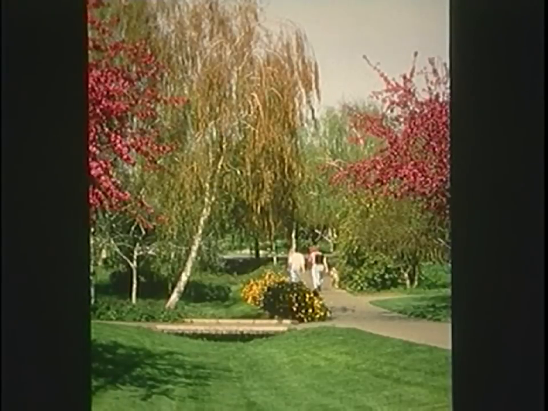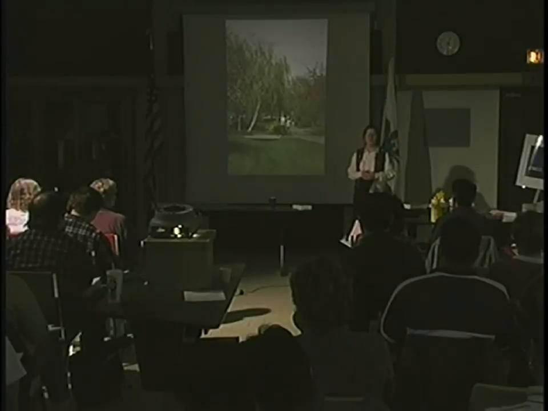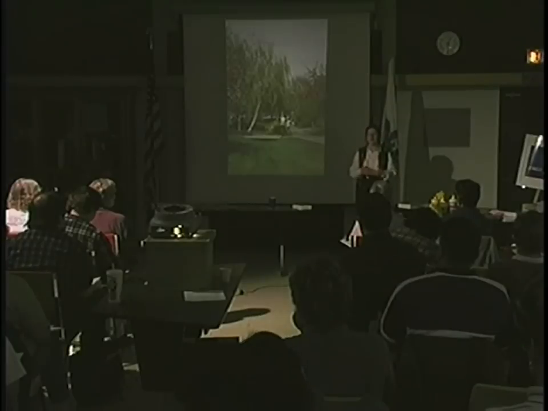So for instance, here we have a nice park. This is actually a park in Davis, but it's an example of a typical landscape ecosystem. If this was an agricultural ecosystem, for instance, a field of tomatoes, it would be much more simple. You've got one species of plant over perhaps 40 acres, maybe a few weeds, but they try to keep them under control.